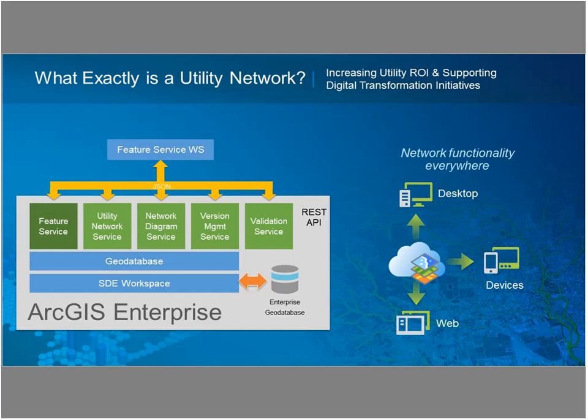If we want to go even one level geekier on this, we've taken those fundamental capabilities and moved them to the web services model for network management and away from a purely database-driven interaction. Editing, analysis, connectivity management, long-term transaction management, which some of you know as versioning, and also network validation and quality control.